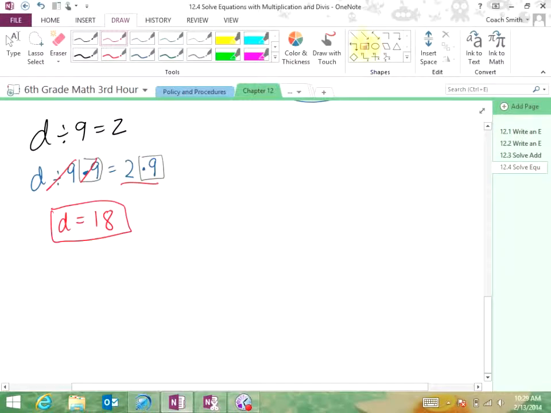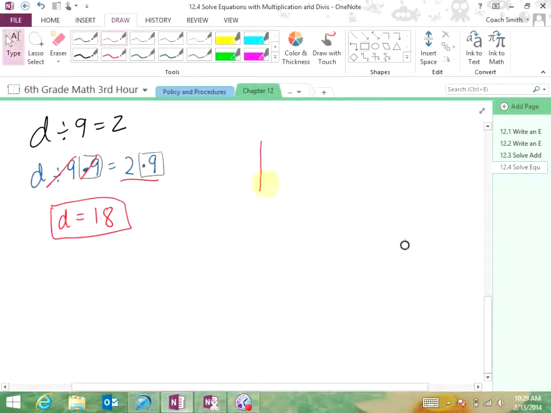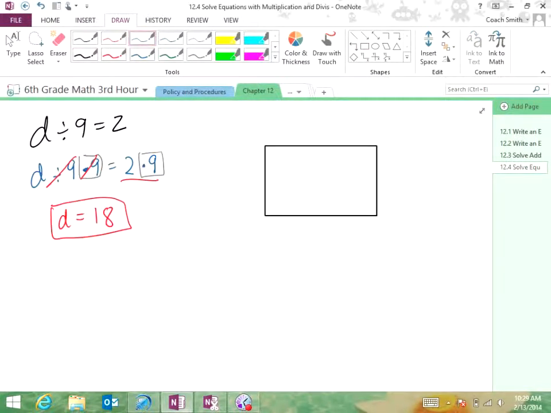All right, now we're going to apply this knowledge. We have length is equal to 5 centimeters.